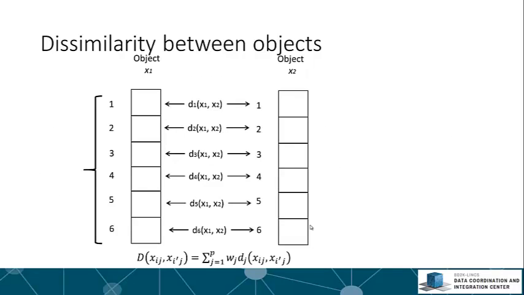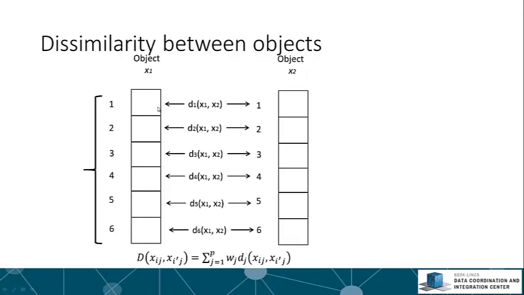Now, in this figure, I tried to give you a kind of visual picture of the process of aggregating attribute dissimilarities to get a measure of object dissimilarity. So just like before, let's consider two objects, one on the left and one on the right, with a number of attributes down the rows.